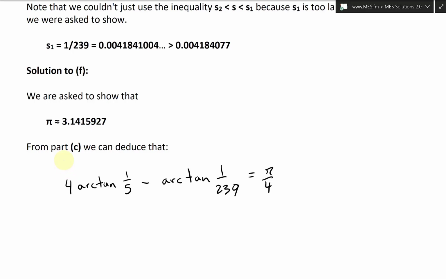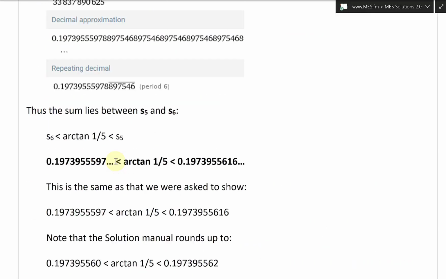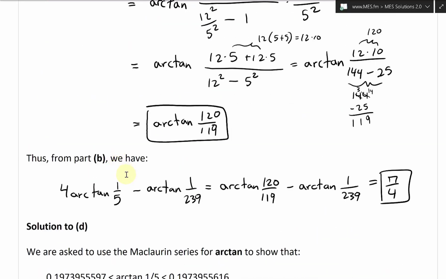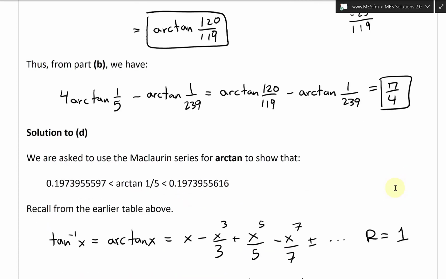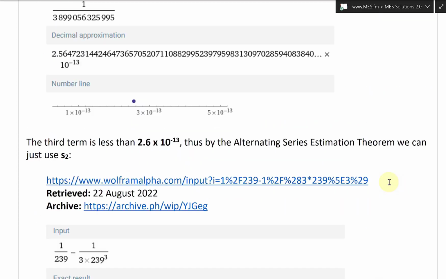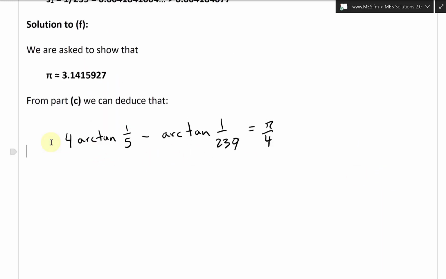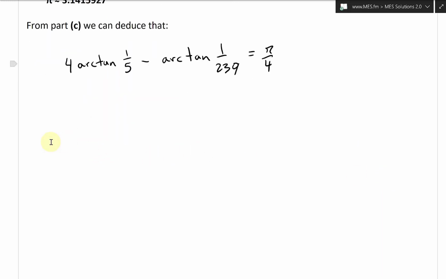So we had solved this earlier. Let's just go back up to show that, because I was just using it by memory. So we have over here 4 arctan 1 over 5 minus arctan 1 over 239 is equal to pi over 4. All right, so we have that, and we already estimated those to very accurate figures.